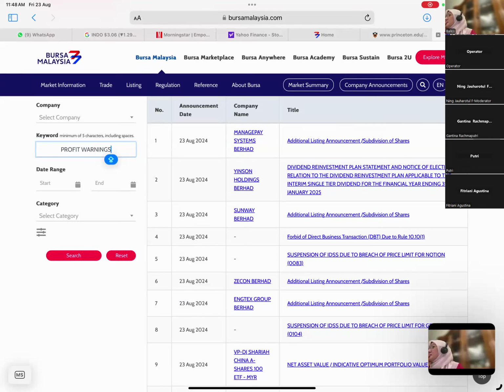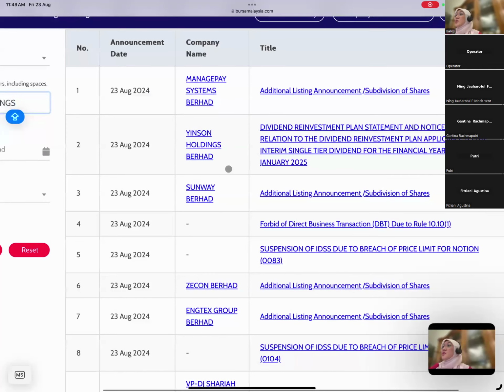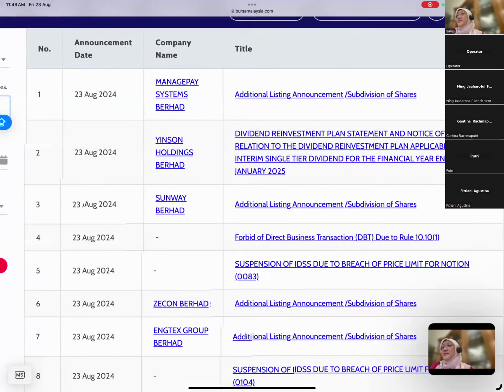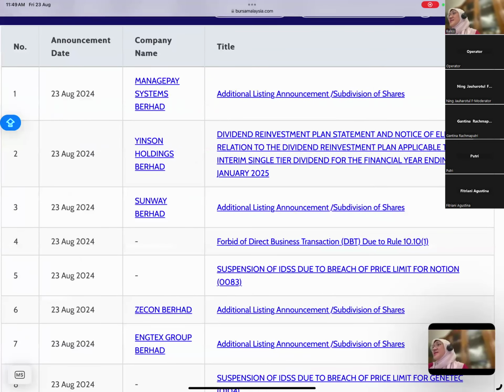Alright, those are the handpicked data. If you look at this example, it's not only profit warnings, it's not only the number of shareholders, it's not only the type of regulation, the type of financial reporting they use, but also the dividend, forecast of dividend.